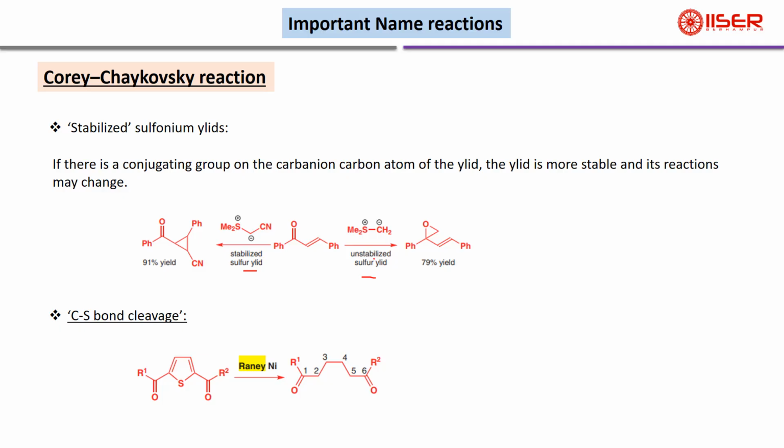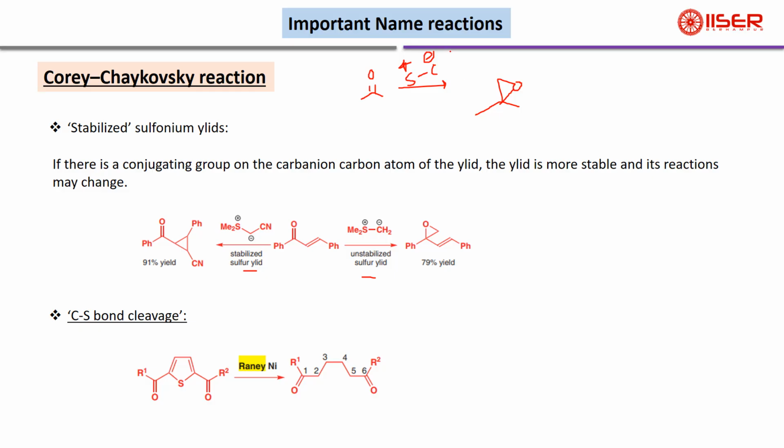Suppose you use a simple ketone and use this sulfur ylide, what will happen? In this case, it doesn't form an alkene, rather it forms an epoxide. So this is called the Corey-Chaykovsky reaction.